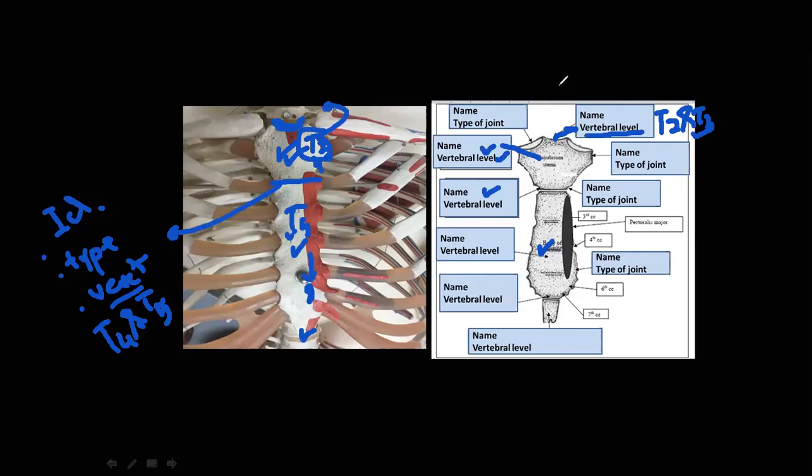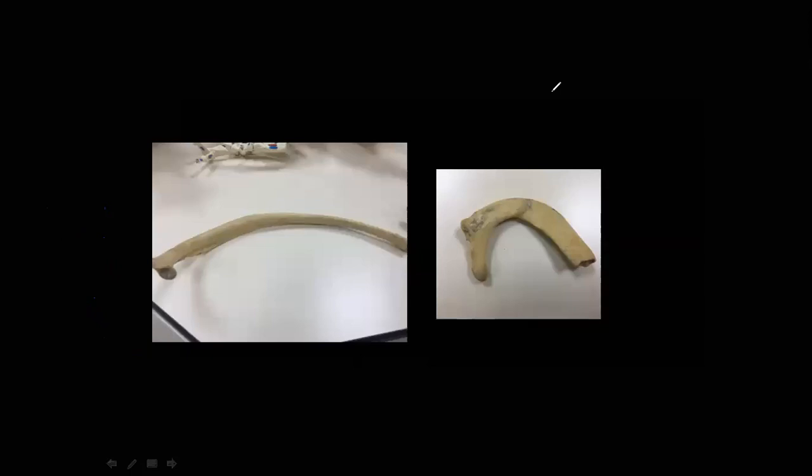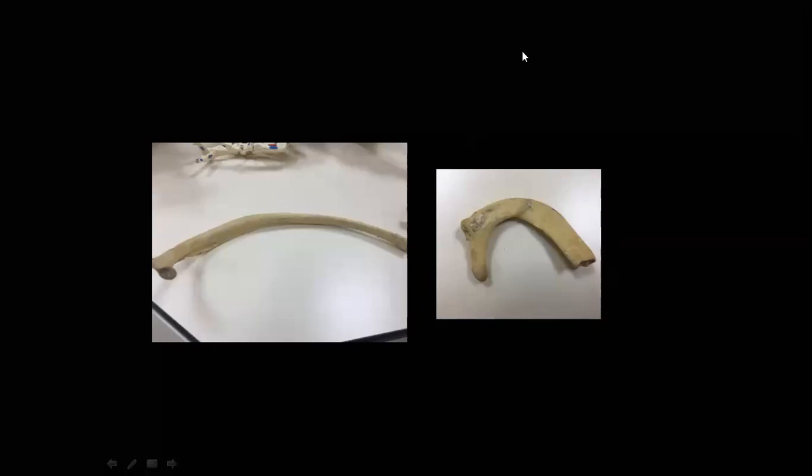We shift to another topic. Who can identify the ribs? First rib. Where is the first rib? The right one. Yes, this is the first rib. What is the name of this structure?